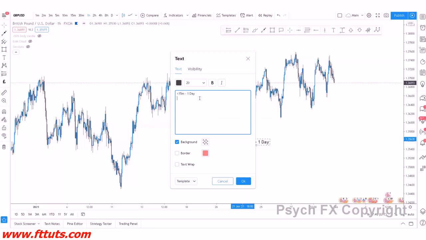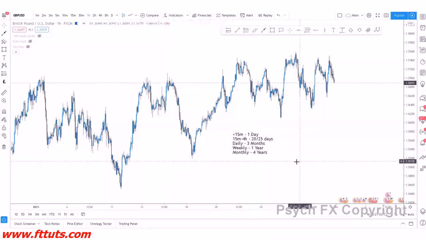Anything above the 15-minute up to the 4-hour, I'd say about 25 days, maybe 20 days, 25 days. Okay. And then daily, 3 months, weekly, about a year, and then the monthly, about 4 years. Okay. This is so crucial, guys.